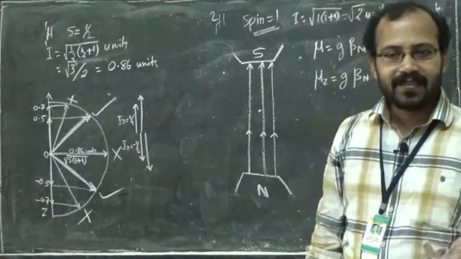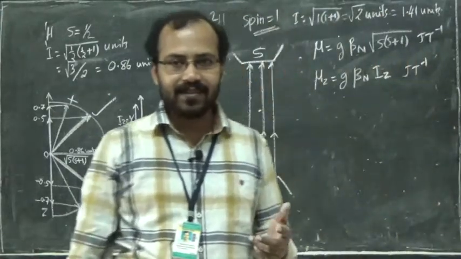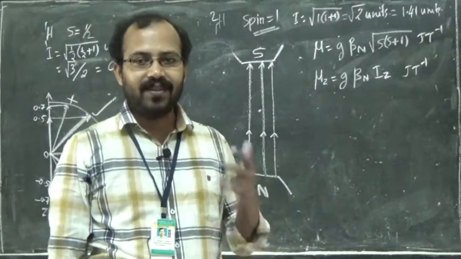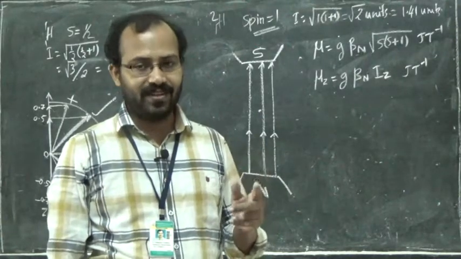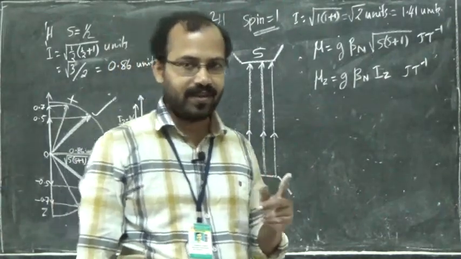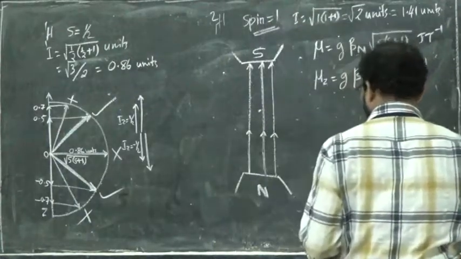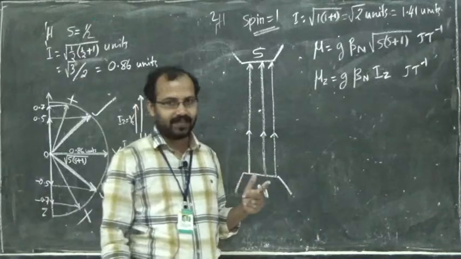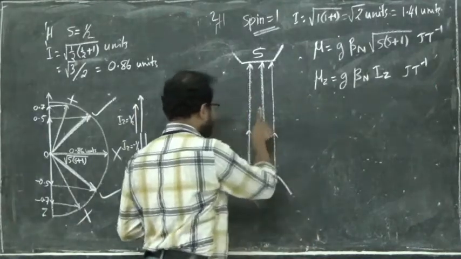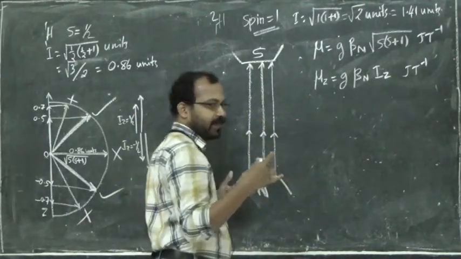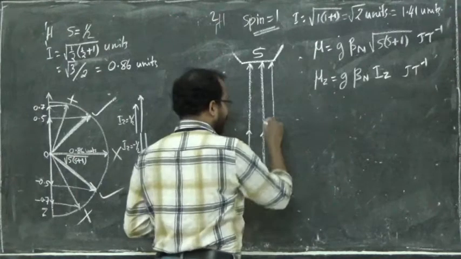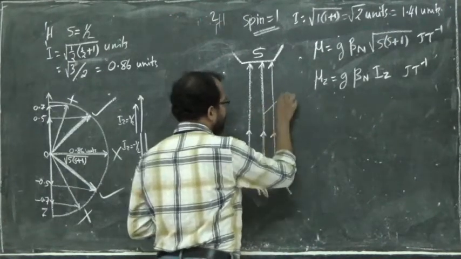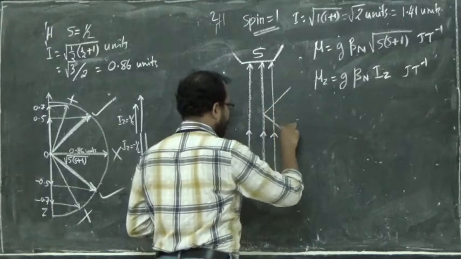So when we are placing the nucleus inside this magnetic field, as you know, the nucleus can have only certain restricted orientations, right? If you are considering the hydrogen nucleus, H11 nucleus, then either the H11 nucleus can orient like this, or it can orient like this.